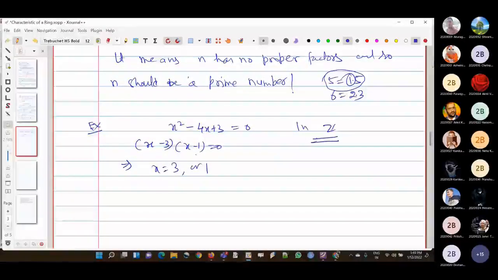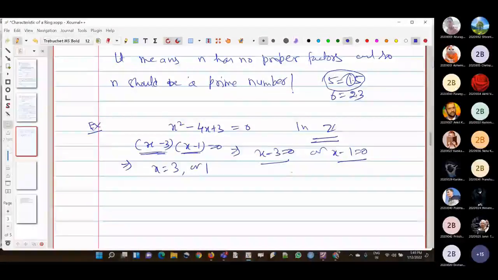Why were we doing it like this? Because Z is an integral domain. The product is 0, so some of the factors should be zero. Either this is zero or this is zero, that is, x minus 3 is zero, or x minus 1 is zero.